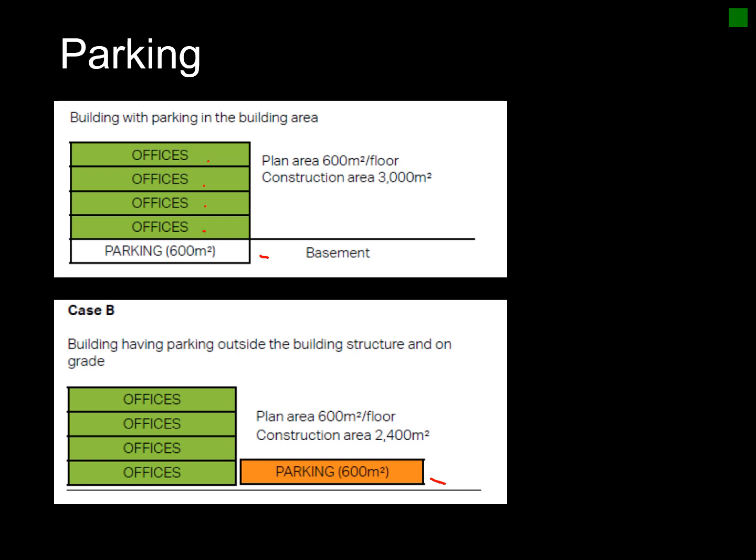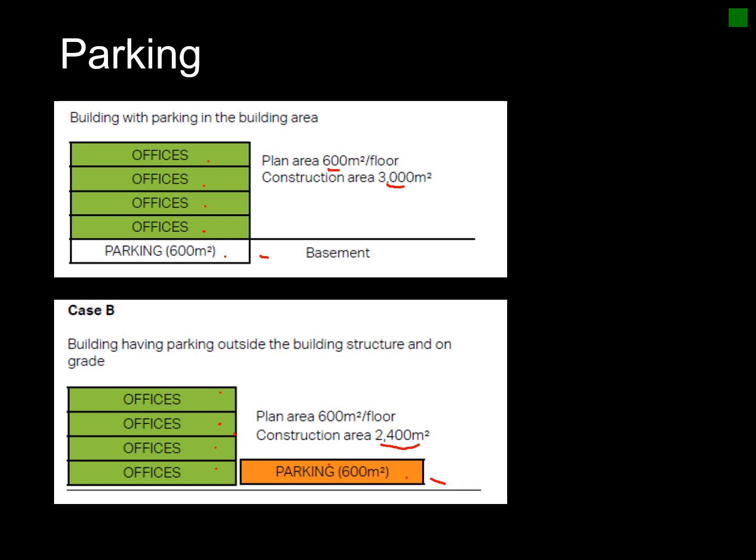Your offices are 600 square meters, and for this building it's exactly the same, but your parking is now outside. Same area of parking. So you've got 2,400 square meters of building in one case, and 3,000 square meters worth of building in the other.